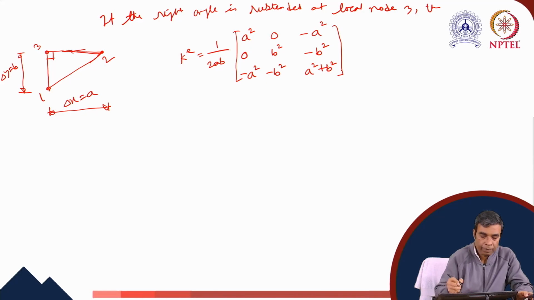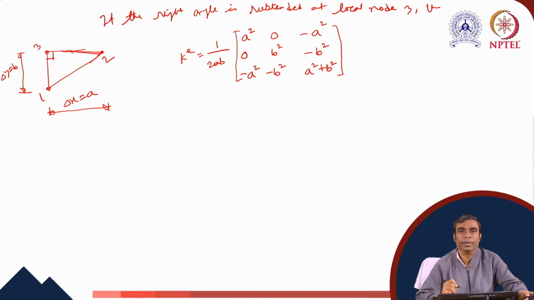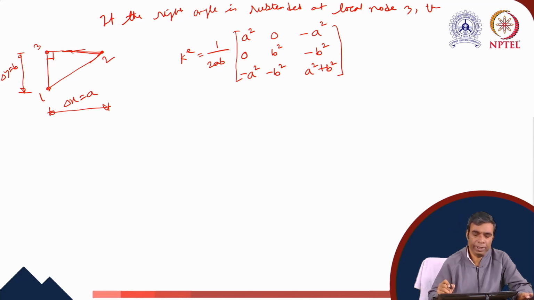So with the different positions of the right angle, for a right angle element we have shown the appearance of the element level matrices. In each case the entries of the matrix remain the same, but their positions keep changing.